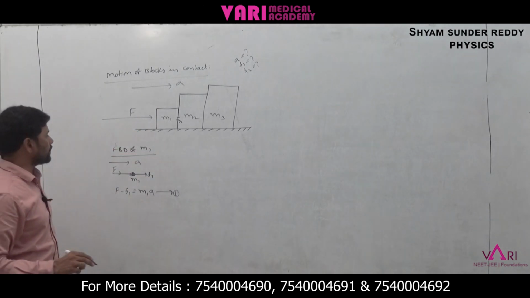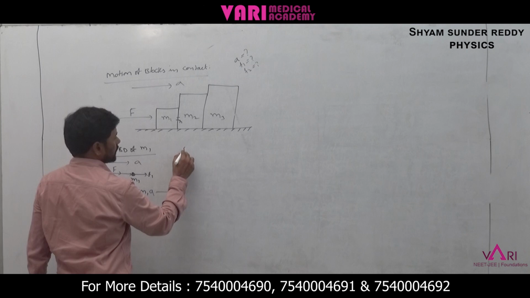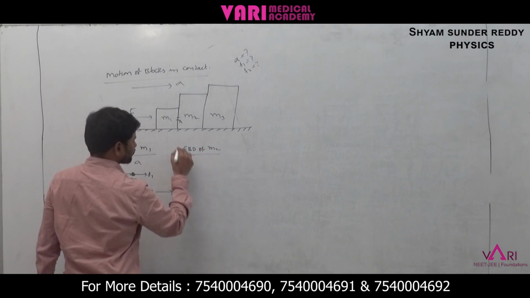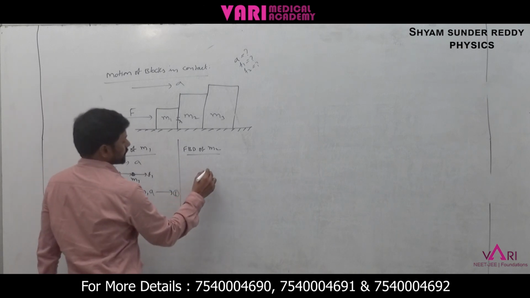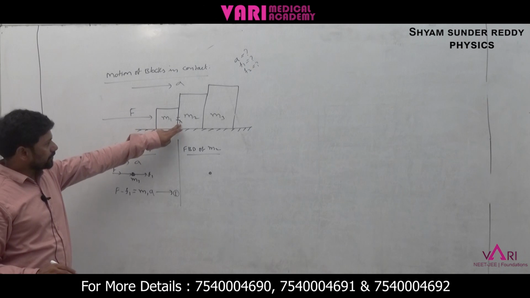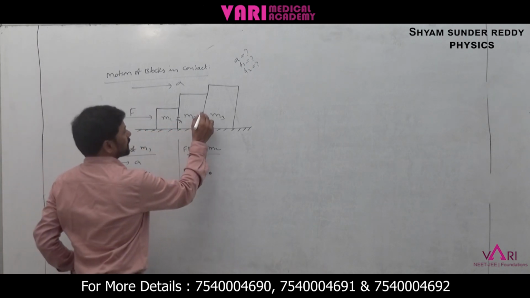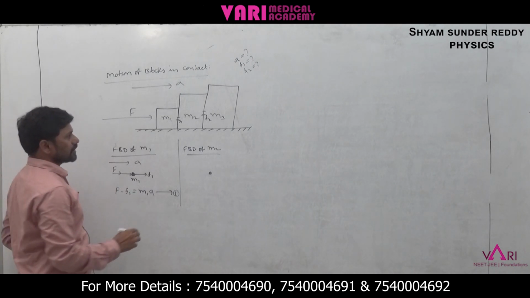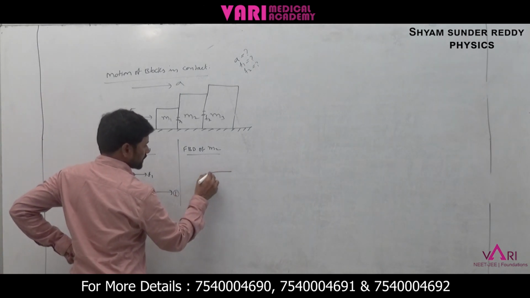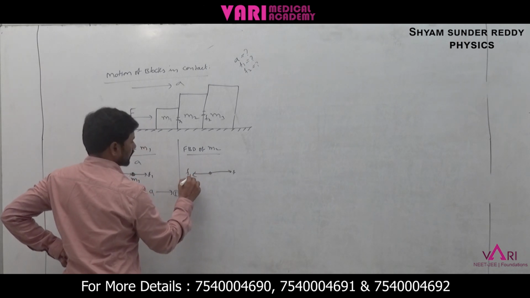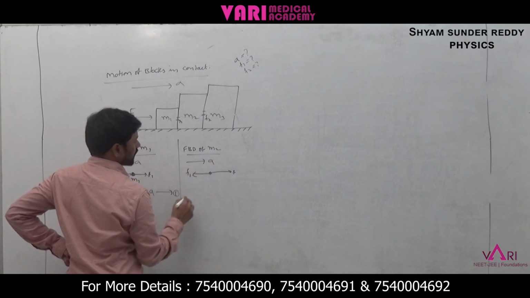And FBD of M2. Look at this. On M2, F1 and F2 will be working. Between these two, F2 is working, and in this direction, F1. Acceleration is in the forward direction.